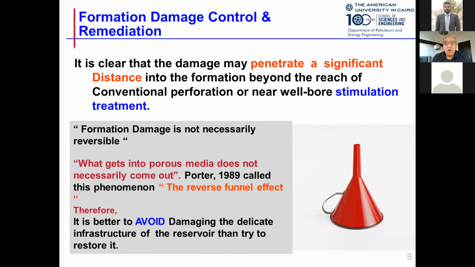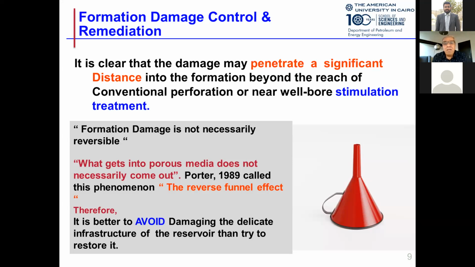So we can remove it by the so-called stimulation. We can use acids to clean up the lower part, or let's say the part to be completed for production. But the stimulation does not always reach the area that was damaged by drilling.